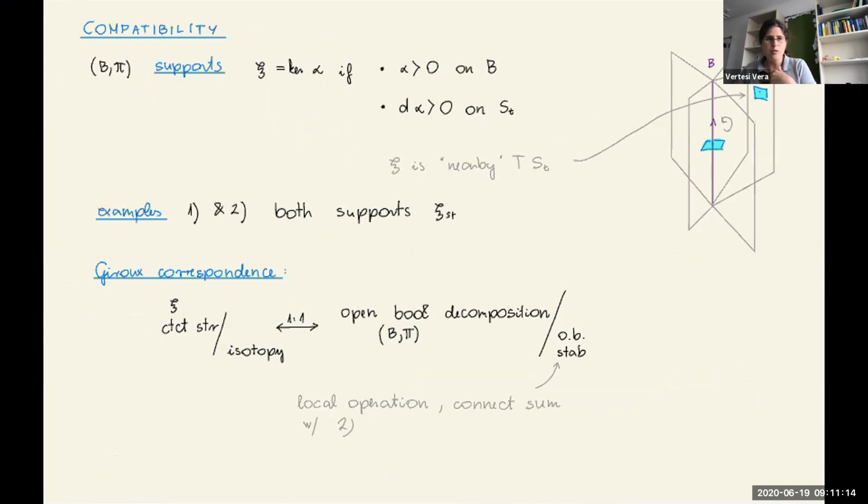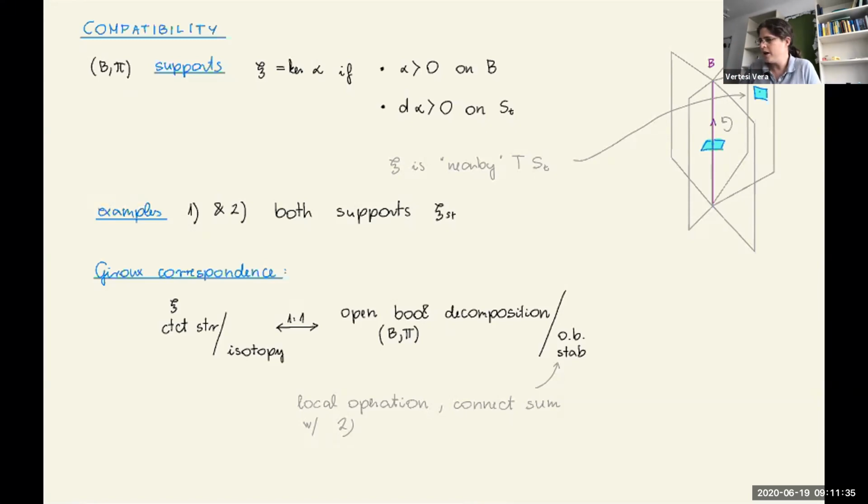Okay, so we say that the contact structure is supported by an open book if the binding is a transverse knot, meaning that it's transverse to the contact plane field, and if the contact structure is nearby the pages of the open book.